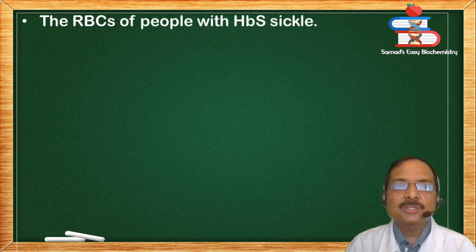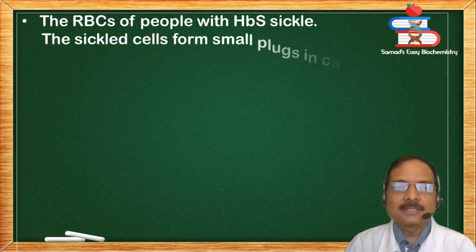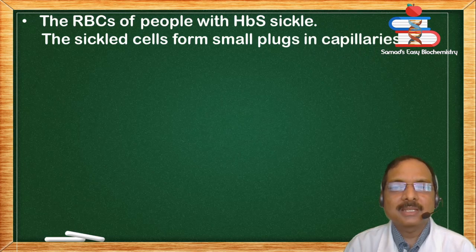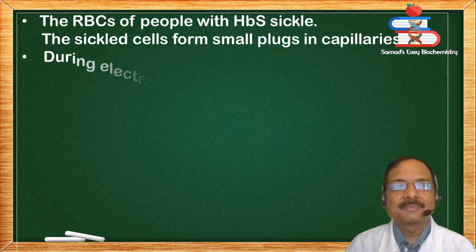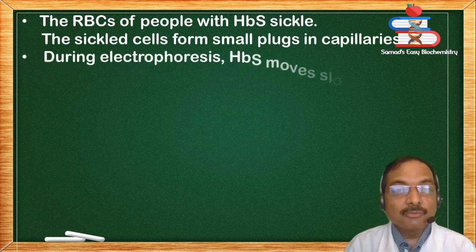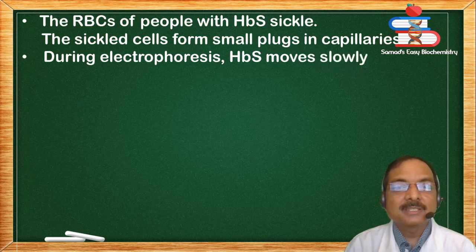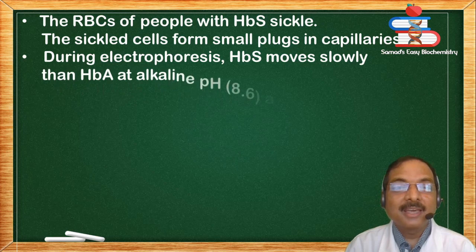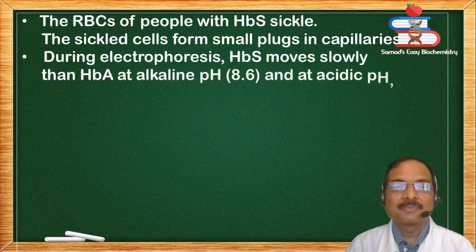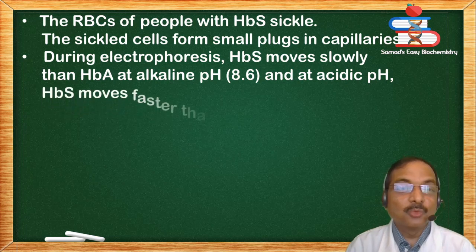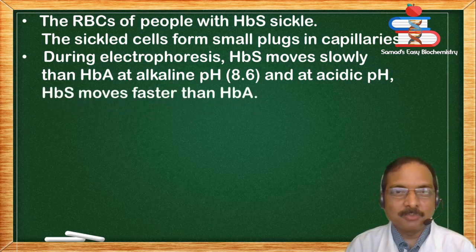The RBCs of people with HbS sickle. The sickled cells form small plugs in capillaries. During electrophoresis, HbS moves slower than HbA at alkaline pH, and at acidic pH, HbS moves faster than HbA.